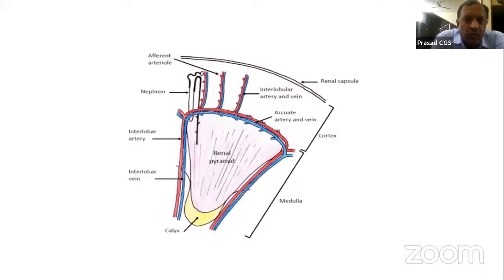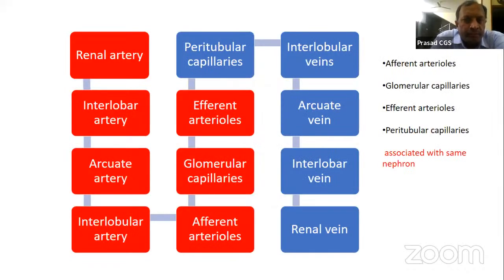These afferent arterioles supply the glomerulus, which forms the glomerular capillaries. These capillaries later form the efferent arteriole. This efferent arteriole again leads to the peritubular capillaries, and these form the interlobular vein, the arcuate vein, the interlobar veins, and the renal vein.